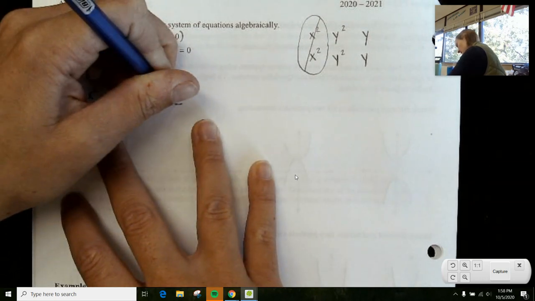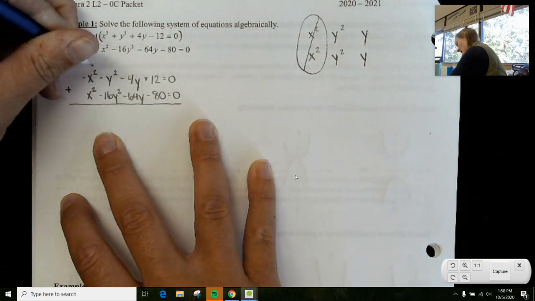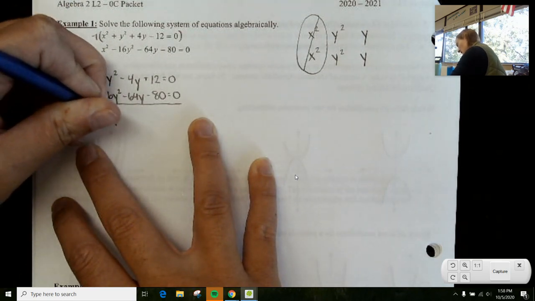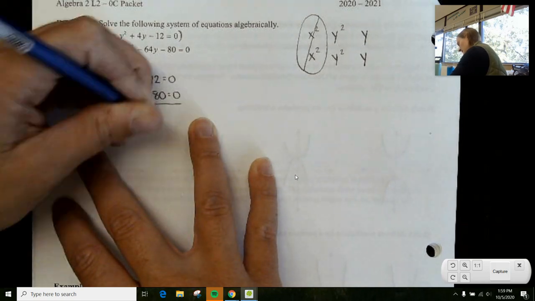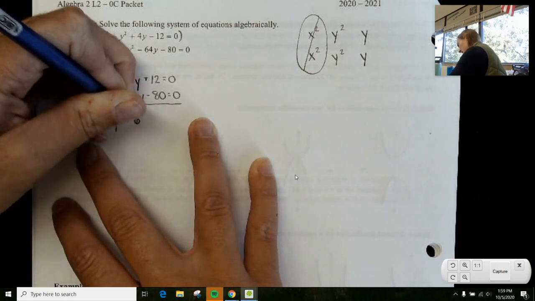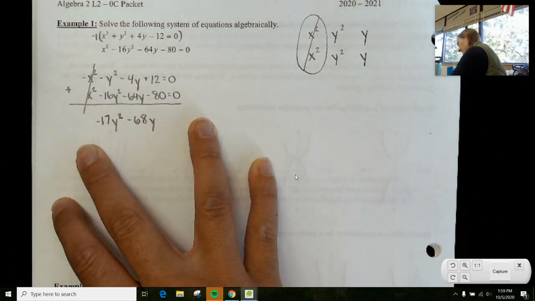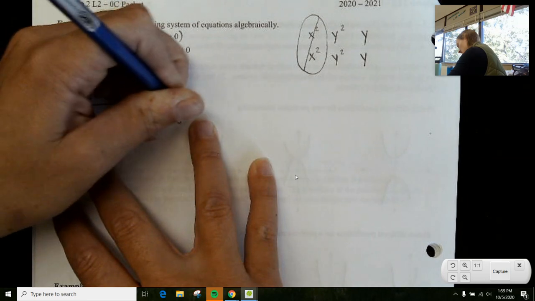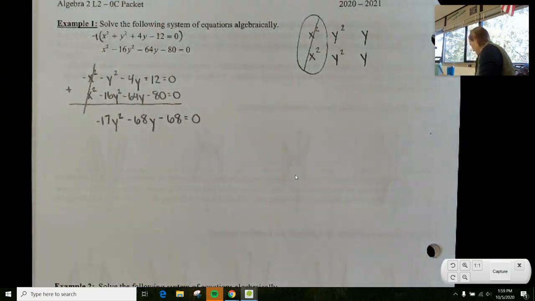So now I'm going to add these together. The x's go away, and I end up with negative 17y squared minus 68y minus 68 equals 0.